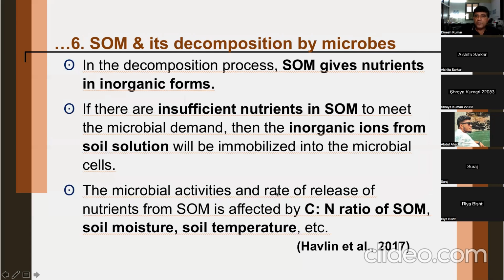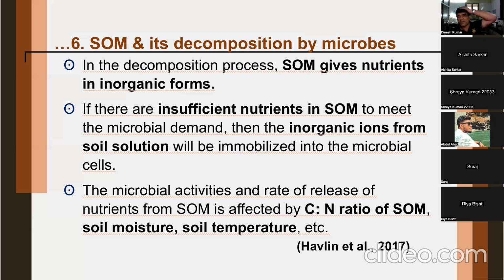In the decomposition process, soil organic matter gives you nutrients. If there are insufficient nutrients in soil organic matter to meet the microbial demand, then inorganic ions are also consumed. So then the supply will be reduced. The microbial activities and rate of release of nutrients from soil organic matter is affected by CN ratio of soil organic matter, soil moisture, soil temperature.